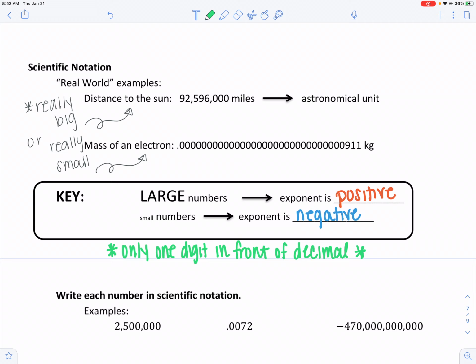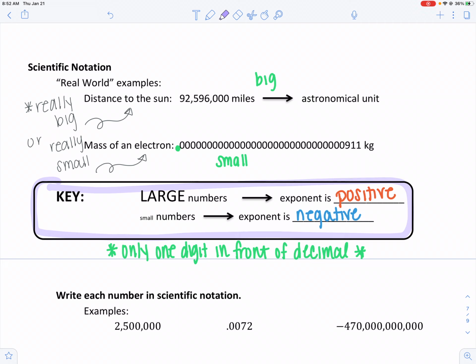The distance to the sun, that's a really big number, versus the mass of an electron, which, because that decimal place is in front, tells me that that's a really small number. The key here, highlight, underline if you haven't already, this is important. If numbers are really, really big, if they are greater than 1, you are going to have a positive exponent.